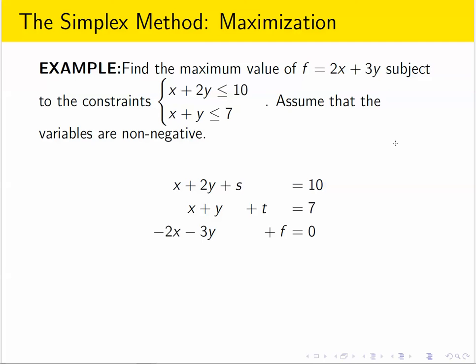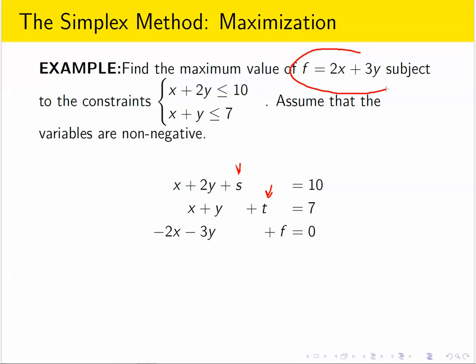The first thing we do is change each of our constraint inequalities into equations by adding slack variables, so that instead of x plus 2y being less than 10, we add a slack variable s to make that total equal 10. We do something similar by adding a different slack variable to the second inequality to get a left side that equals 7.